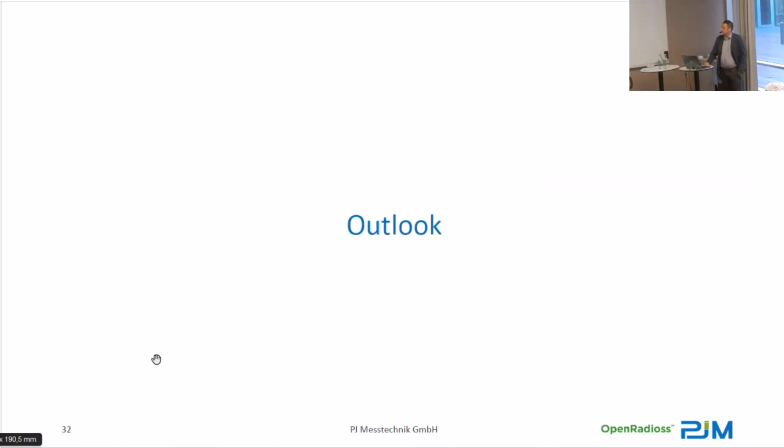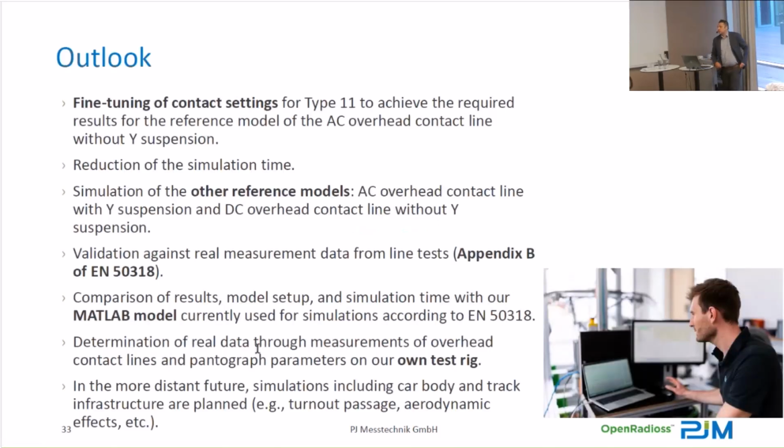Then let me come to the outlook, what we plan to do in future. Of course, we are going to fine-tune the contact settings for type 11 to achieve the required results for the reference model. Then we want to reduce the simulation time. As I said, there's a lot of potential since we had 40 seconds for static load case and tensile strength and so on.